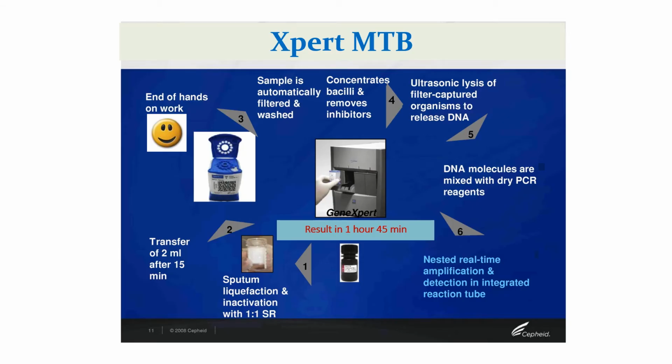GeneXpert MTB, the method for detection of Mycobacterium tuberculosis, includes the following steps. First is sputum liquefaction and inactivation. Second is transfer of 2 milliliters after 15 minutes. Third, the sample is automatically filtered and washed.